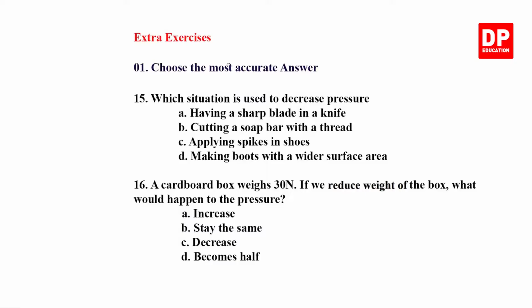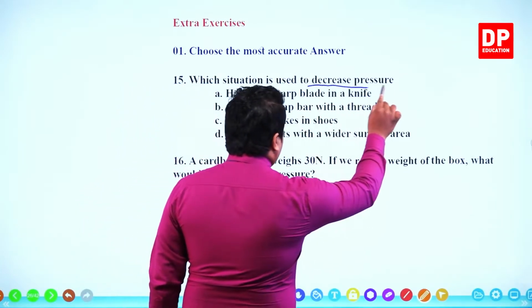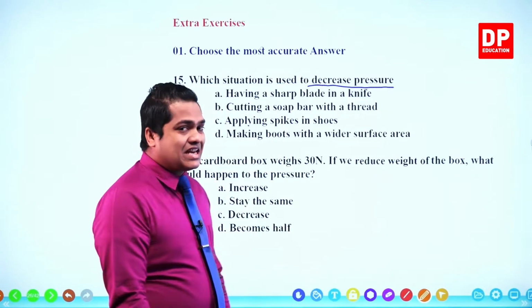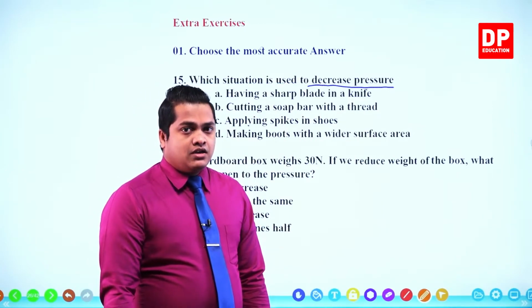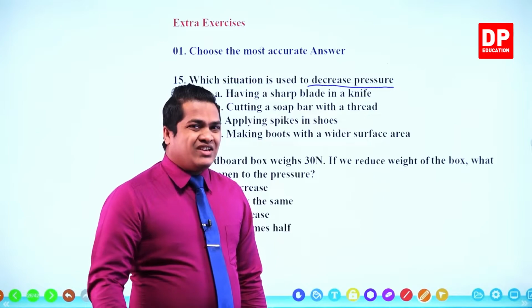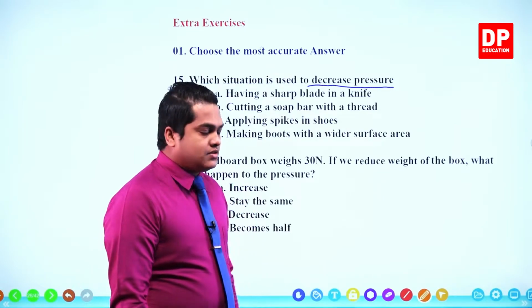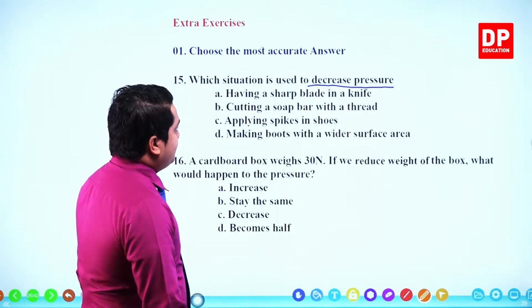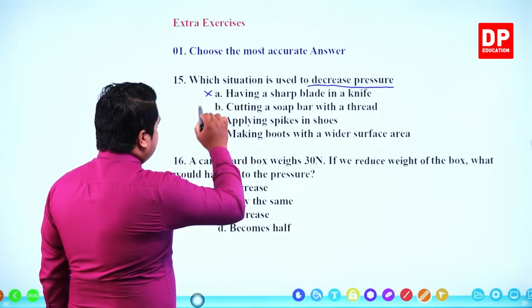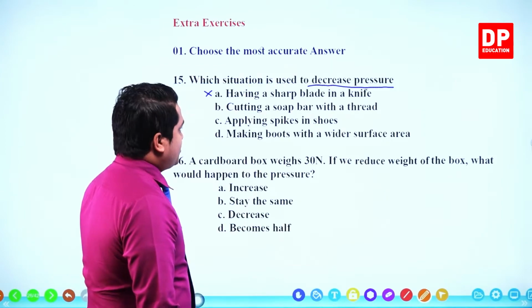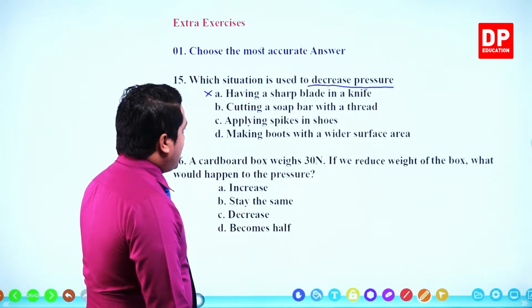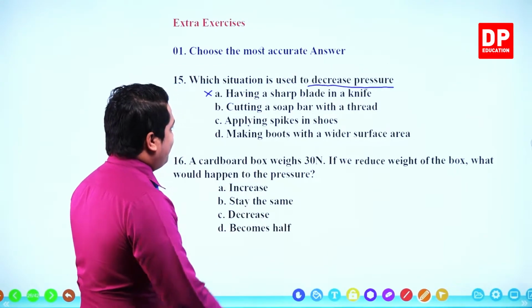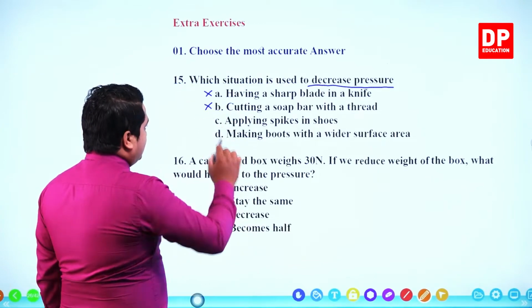Right. Which situation is used to decrease pressure? Decreasing pressure means we have to increase the surface area, or else we have to decrease the perpendicular force. Let's see. Having a sharp blade in a knife, incorrect. Having a sharp blade means we are increasing the pressure. We need to decrease. Cutting a soap bar with a thread, once again incorrect.